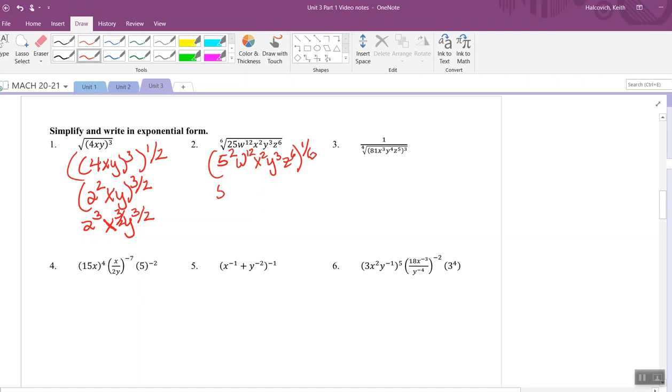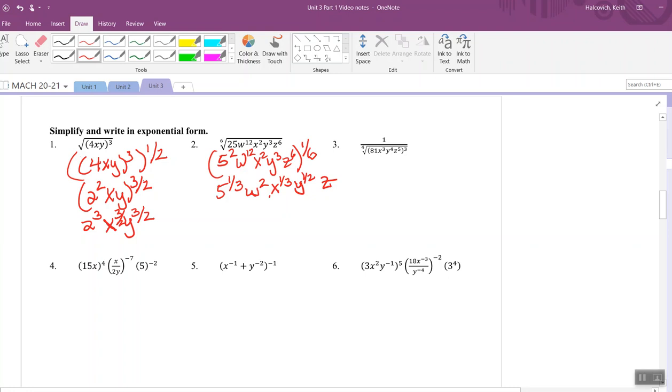And then we can make that 5 to the 1/3, w squared, x to the 1/3, y to the 1/2, and z like that.